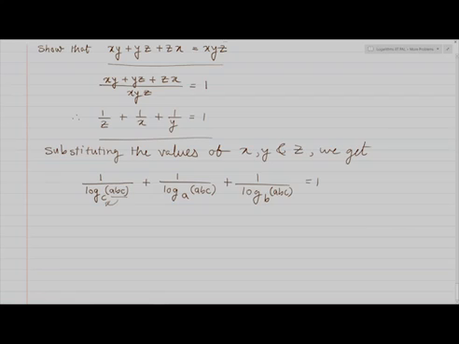Again the change of base rule, the deduction that I derived in the last problem, will give me log to the base ABC of c plus log to the base ABC of a plus log to the base ABC of b.